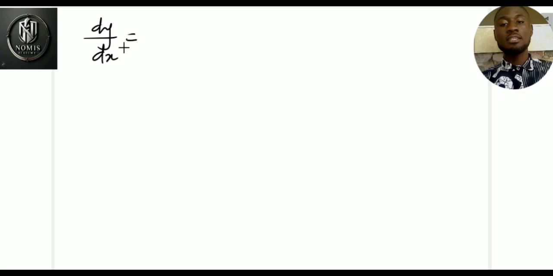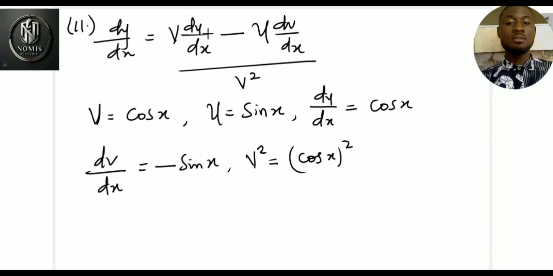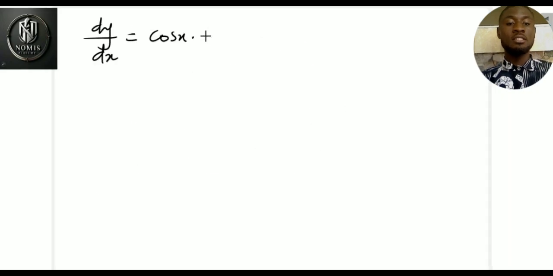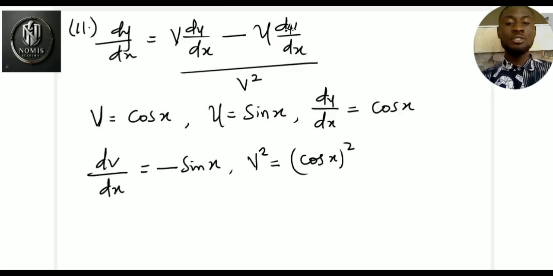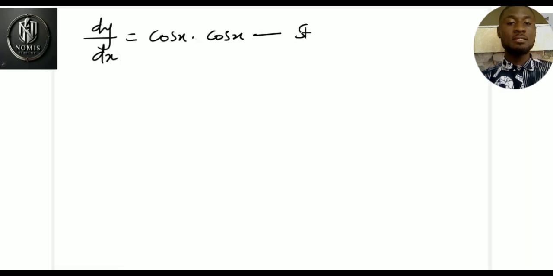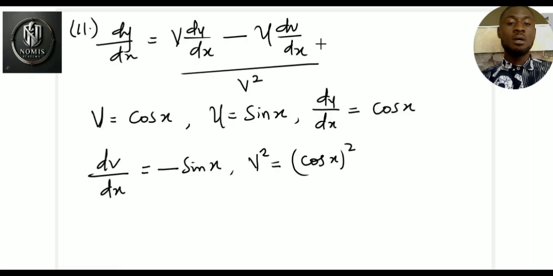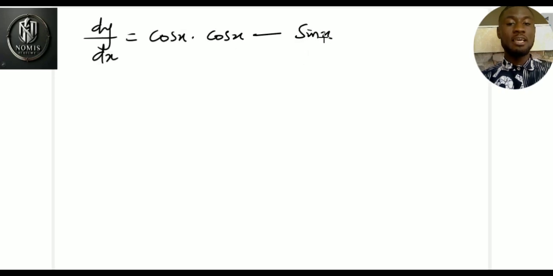The dy/dx is equal to v, which is cos x, multiplying du/dx, which is another cos x, minus, what's our u? u is sine x, multiplying dv/dx, which is minus sine x, all over v squared.